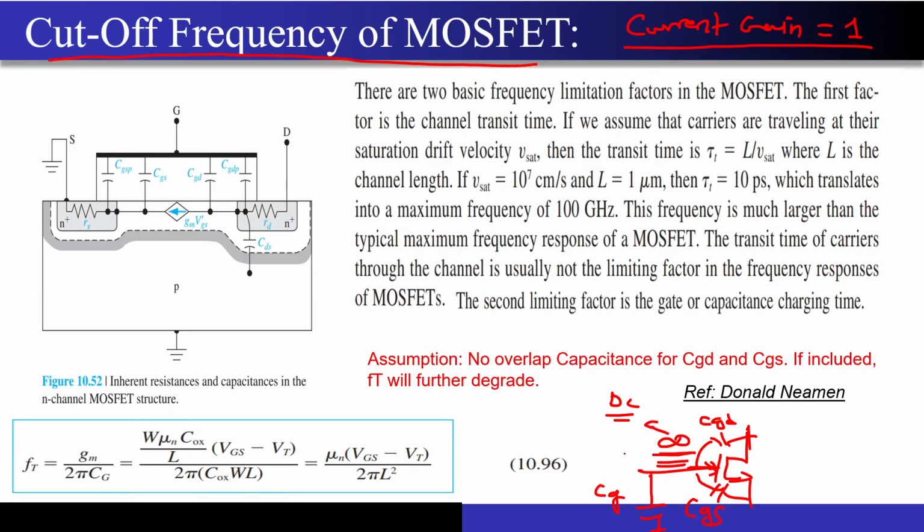And you know what happens as the frequency increases? What happens to the impedance of this capacitor? Does it increase or decrease? If I increase my frequency, will the capacitor offer me a smaller impedance or a larger impedance?